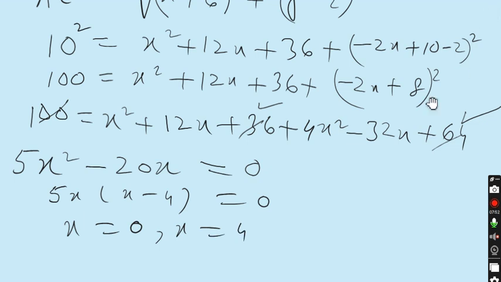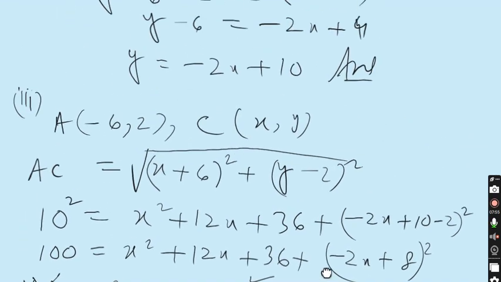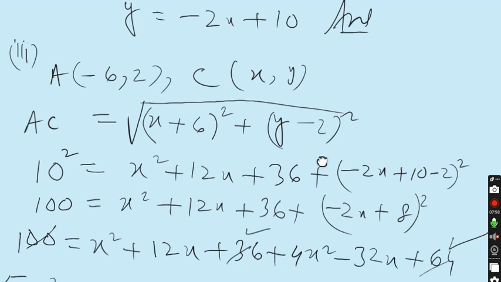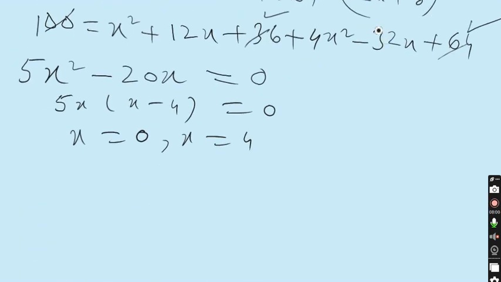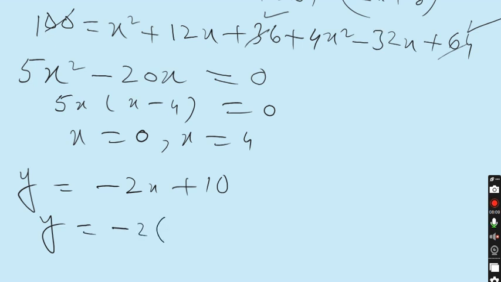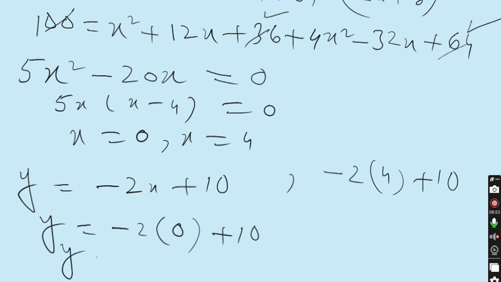Put these two values of x in the equation of line BC, the answer of part 2, that is y = -2x + 10. So y = -2(0) + 10, and y = -2(4) + 10. So y is 10, and -2 times 4 is -8, -8 + 10 gives y = 2.